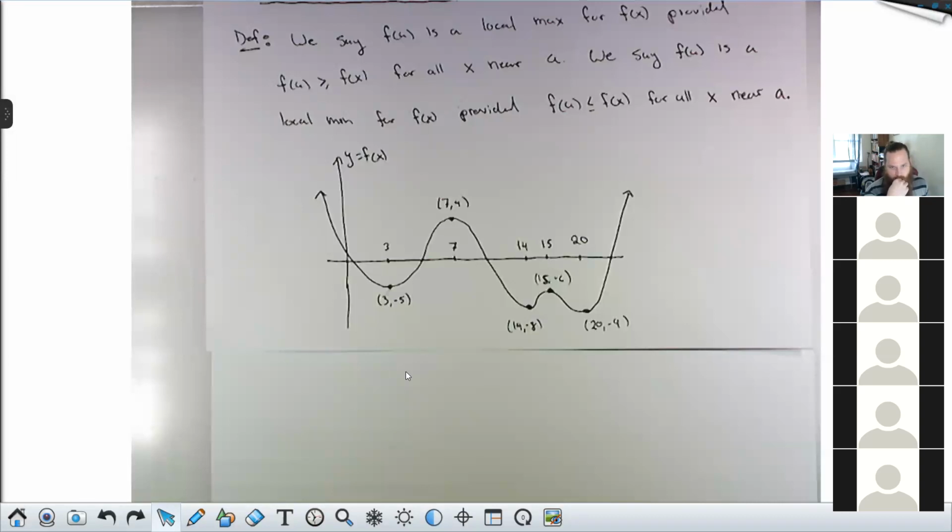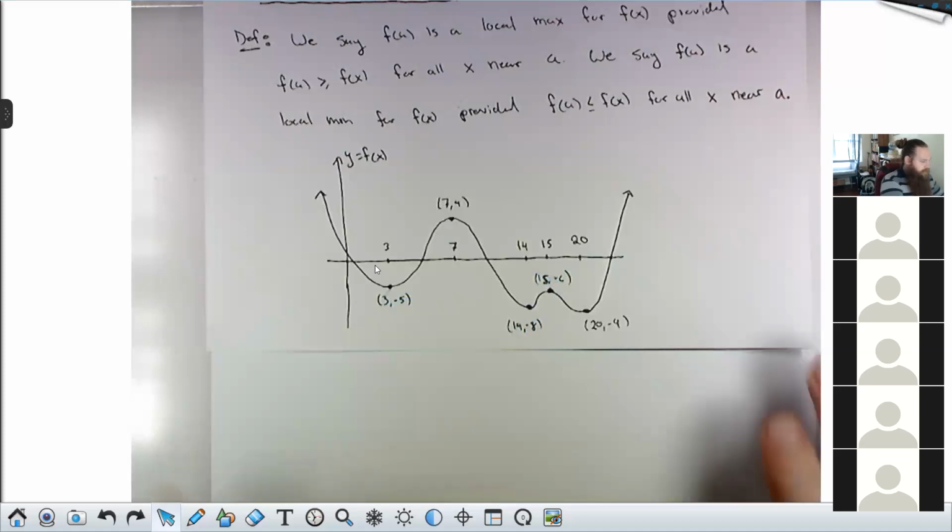And what's f of 15? -6. Great. So the idea is that the y coordinate is always f of the x coordinate. So f of 7 is 4. f of 14 is -8. Like you guys said, f of 15 is -6 and f of 3 is -5.